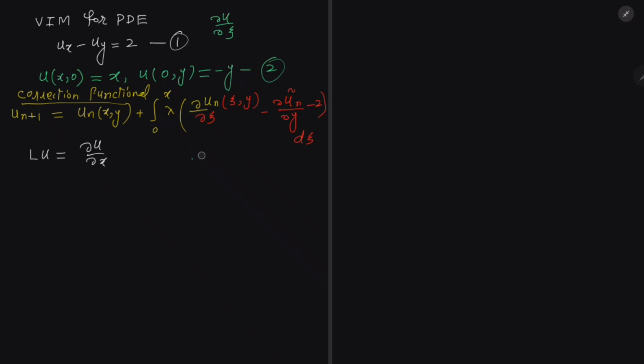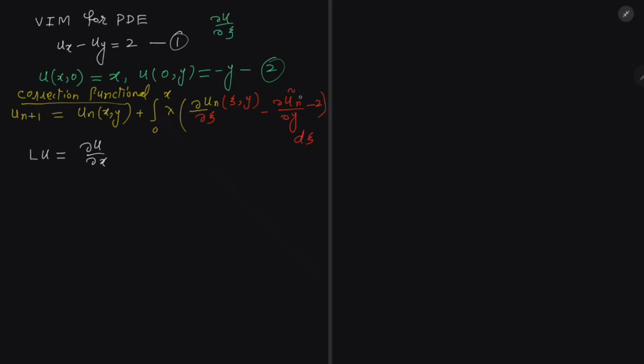If we have, for example, minus partial u by partial y, two linear operators, only one linear operator, but there are two, for example, then lambda will not be equal to minus 1. So we decide partial u by partial x as our operator.